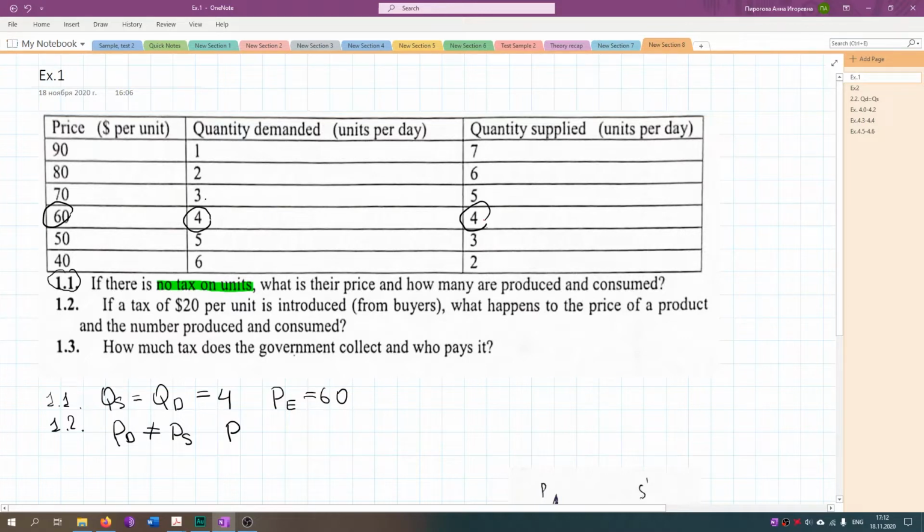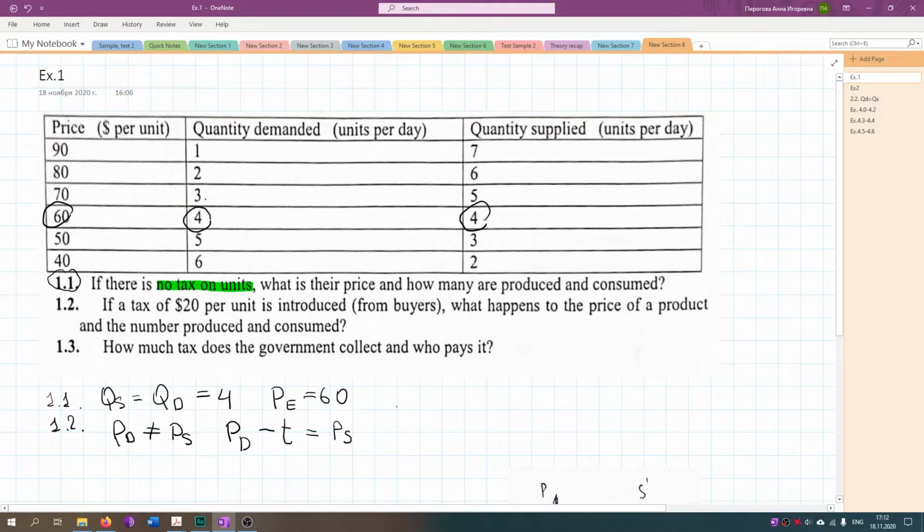And in our case, the tax is introduced from buyers. This means that buyers will pay a lower price than the sellers. So we should subtract our tax from the price of buyers and get the price of sellers.